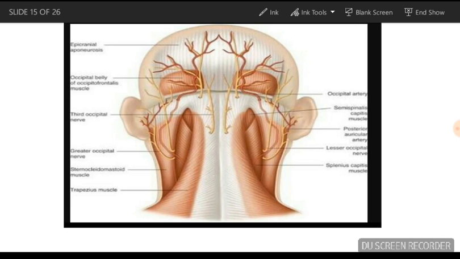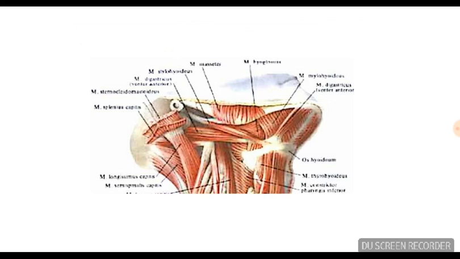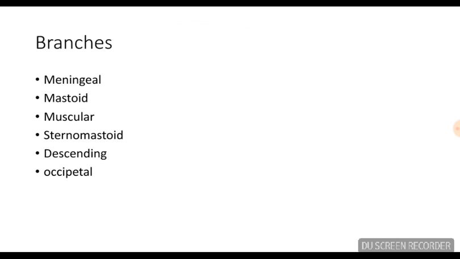The branches of the occipital artery include the meningeal branch, mastoid branch, muscular branch, sternomastoid branch, descending branch, and occipital branch.